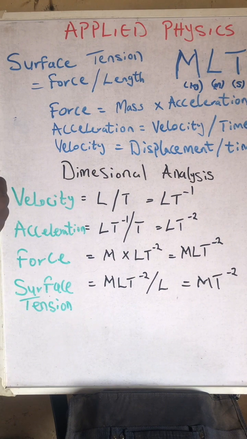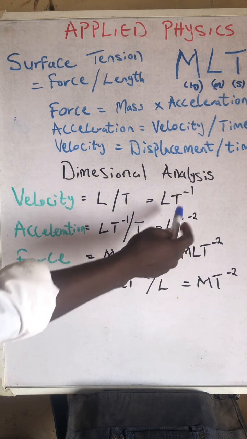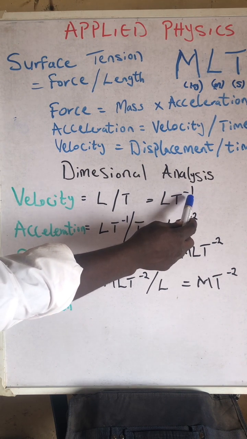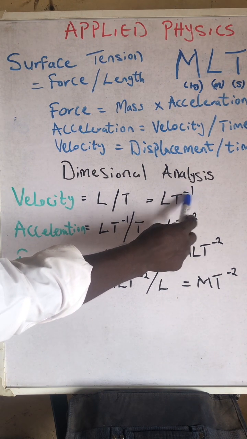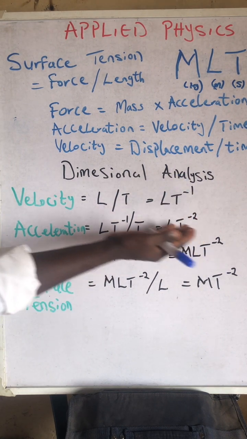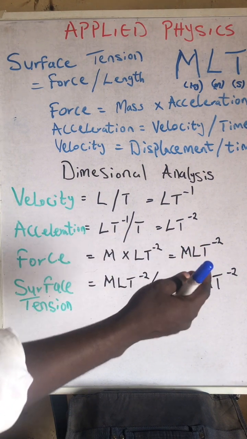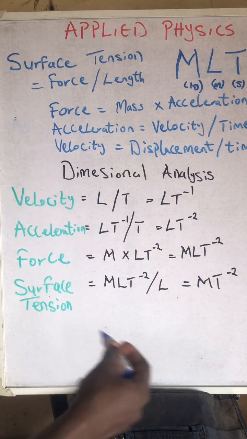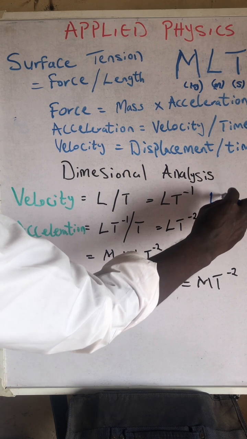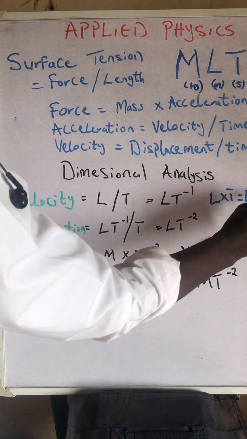So L over T will be equal to L T raised to the power minus 1. Whenever you see this power raised to the power minus, you should know that it is a denominator. You know that it has a division sign. But if I said L times T, that would be equal to LT.